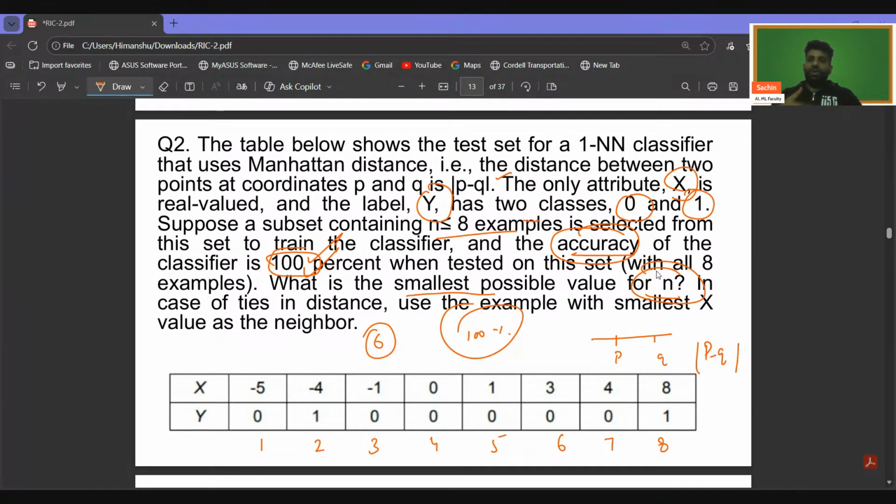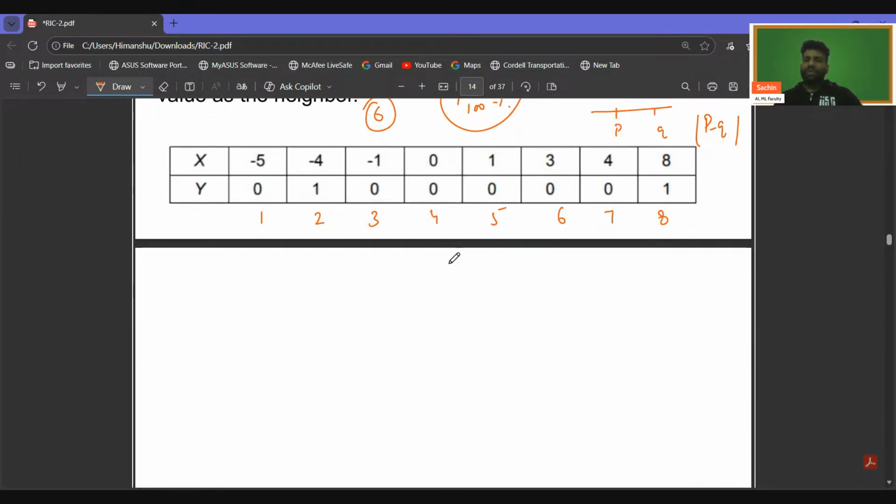Okay, so how do we solve this question? This is very interesting. For that, let's just draw a line and understand what it is saying. So what I'm having is -5 to 8. Let me start from -5 only. -5, -4, I'll be having -3, -2, -1.